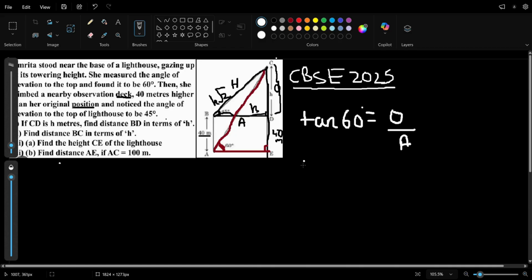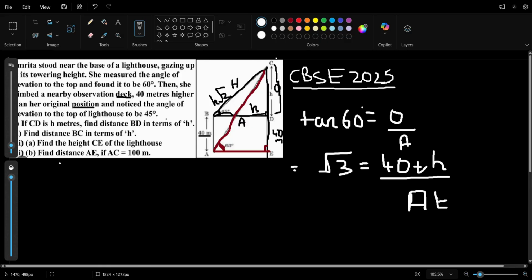And now we know tan 60 is equal to root 3 is equal to, opposite is not 40, it's 40 plus H. 40 meters plus H by adjacent will be AE. Now previously we have mentioned that H value you're supposed to find. AE is supposed to find. Now how do you do that?